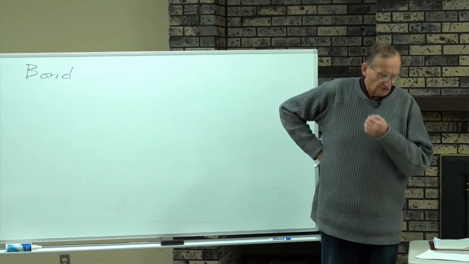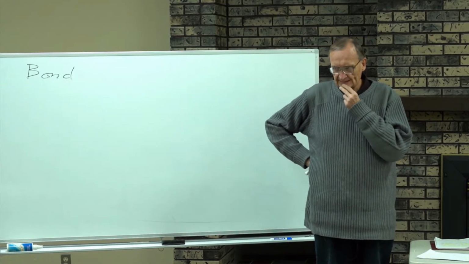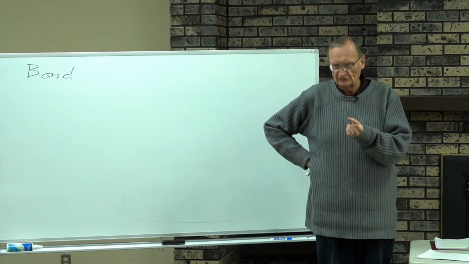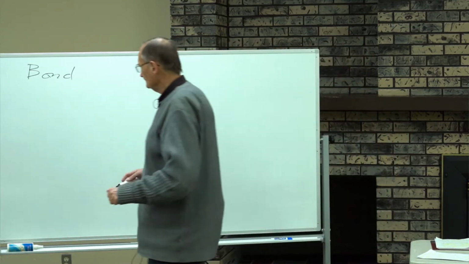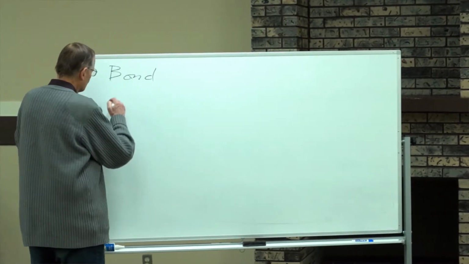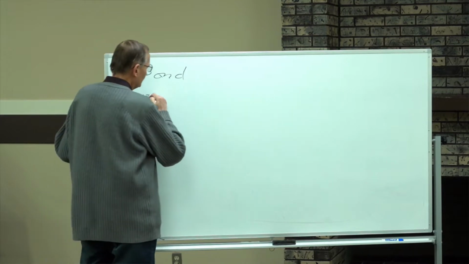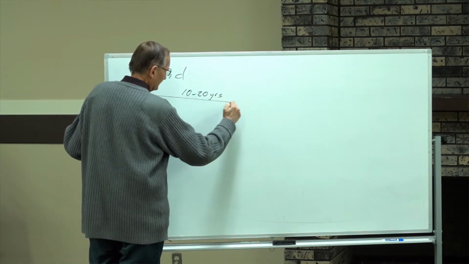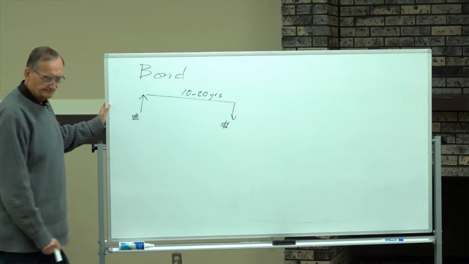Okay? It's usually a series of interest payments to pay you back, and they're usually made every 6 months. Not always. Some bonds are every 3 months, but normally every 6 months. So if I had to draw a picture of it, you're putting money in here for 10 to 20 years. At the end of that period of time, they'll pay you back the money.